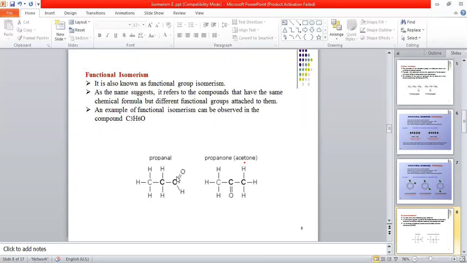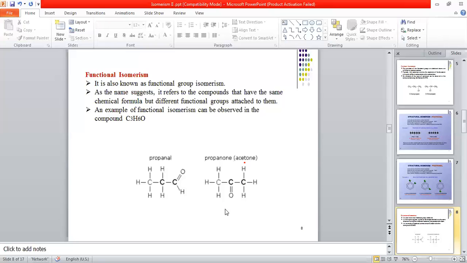And suppose here is an aldehyde, if we attach a ketone functional group, C=O, then we will say that now this molecule is a ketone. This one was our aldehyde, and if you just change this functional group, you will find a ketone.